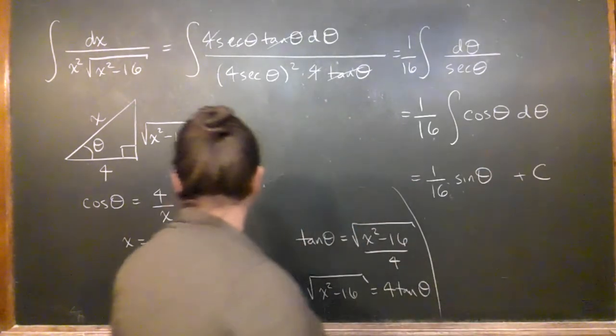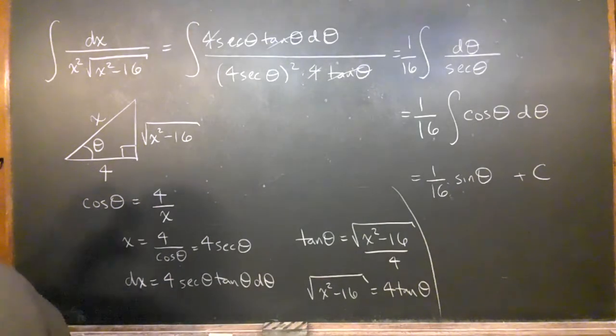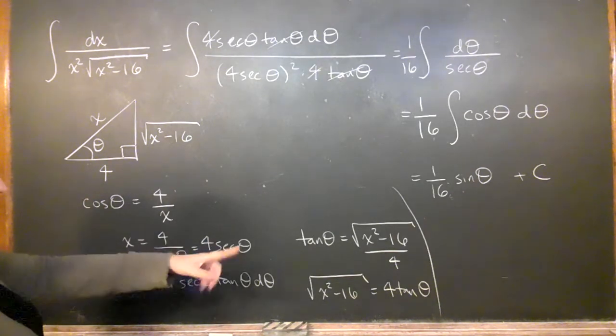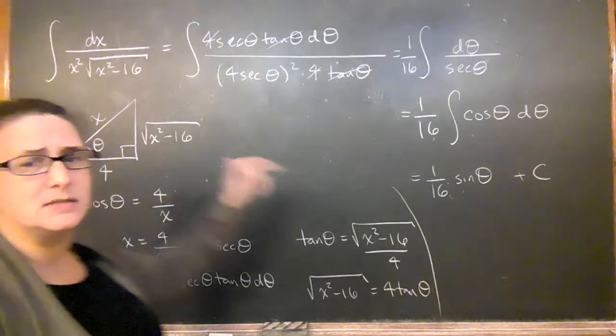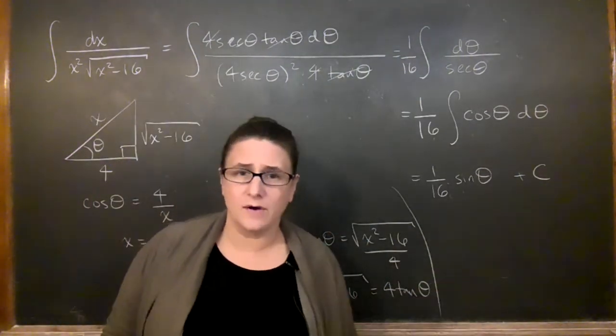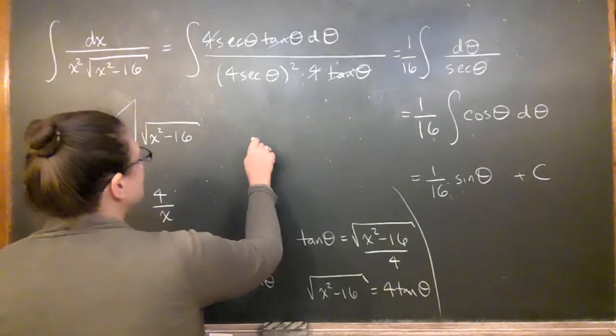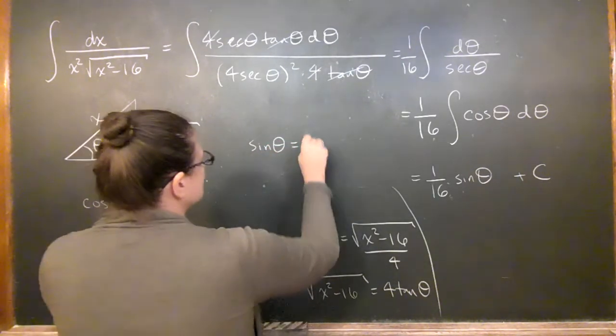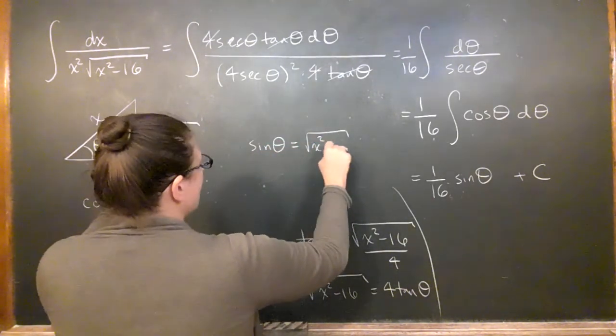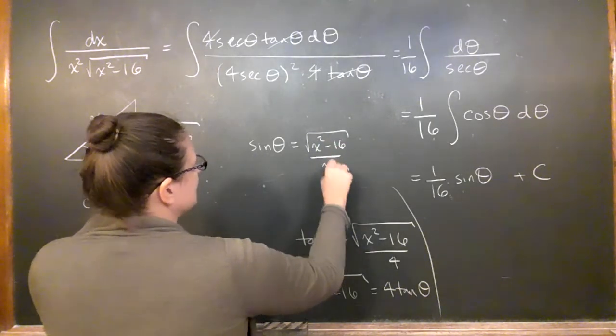And then what is sine of theta? Well, I have to go and figure out what the sine of theta is from this thing, right? Because I've figured out some secants, tangents, cosines, but I can just read it off the triangle, because sine of theta is opposite over hypotenuse. So sine theta, going back to my triangle, is opposite, which is this thing, over hypotenuse, which is that.